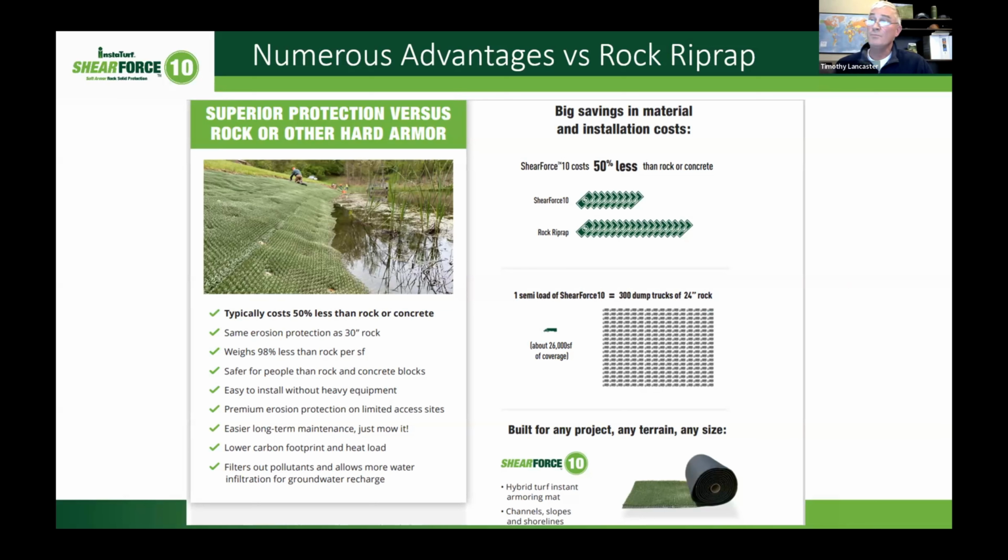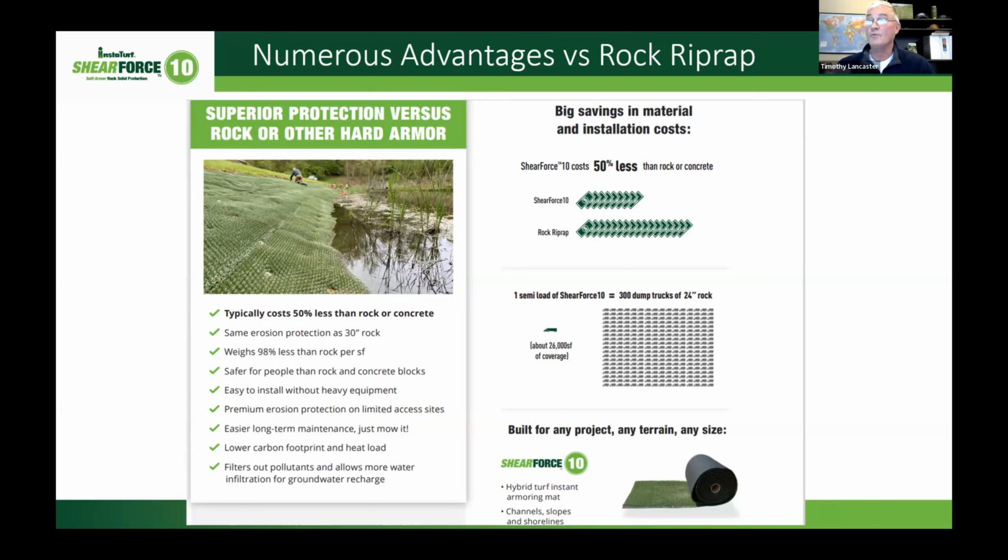The benefits of using vegetation are many, from an environmental standpoint, water filtration, aesthetics, site usability, as well as cost. And cost is often the deciding factor on what gets used on a job.